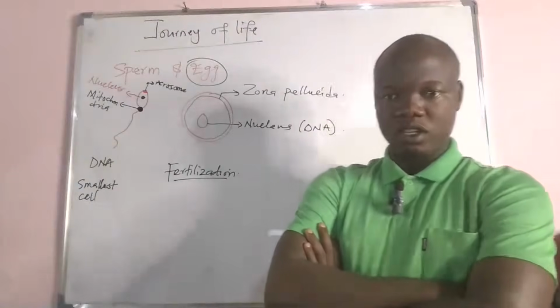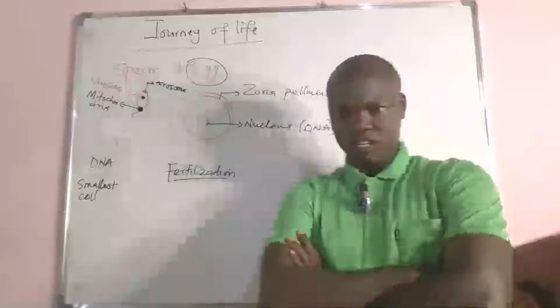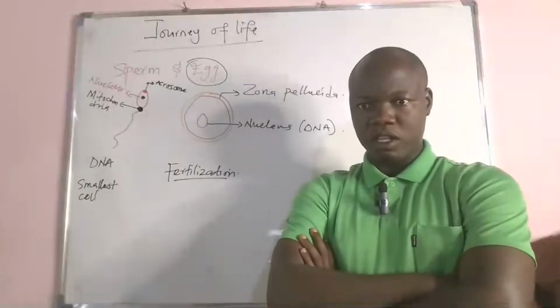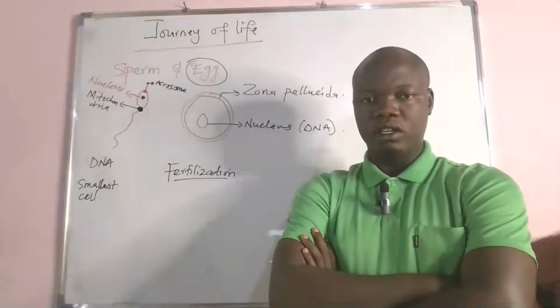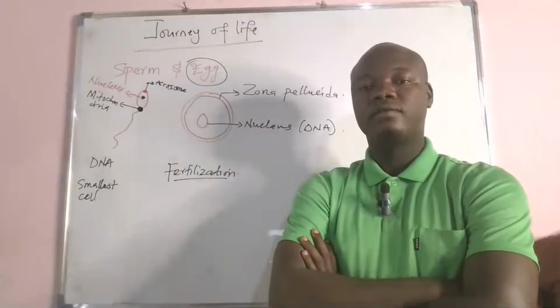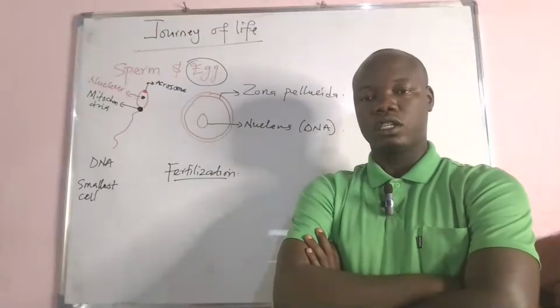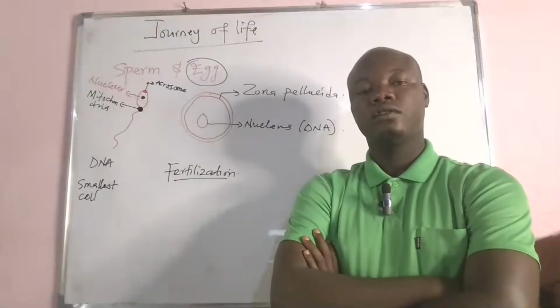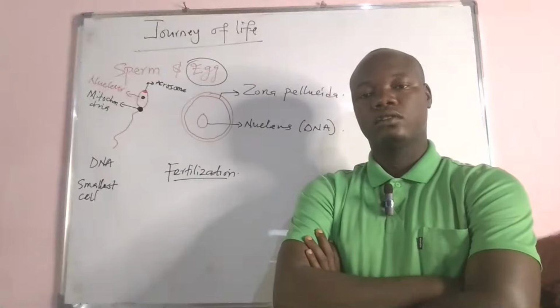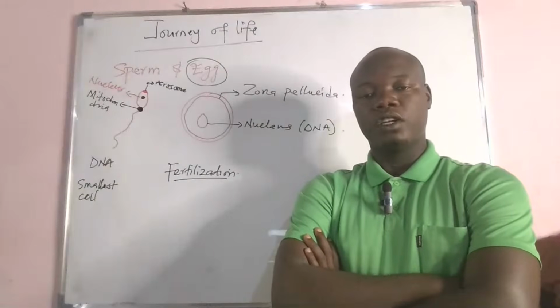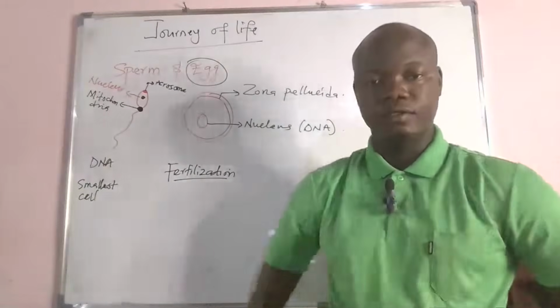Fertilization is when a sperm cell fused with an egg, often resulting in the formation of a zygote, making the beginning of new life. That is wrong. Aisha, that is wrong. So nobody can fully define fertilization.